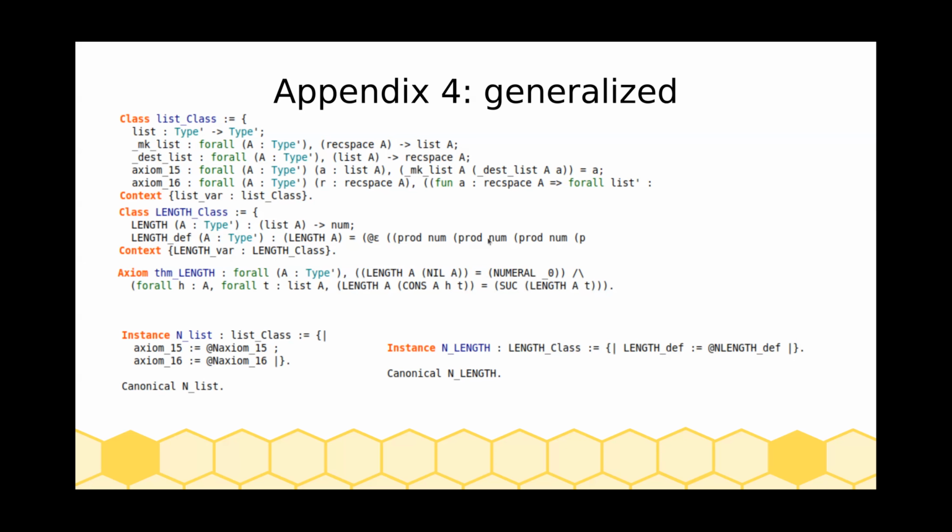And then the theorems are going to be general on these by simply using the section mechanism in Rocq, which means that afterwards we can do the alignments by just creating instances of these classes and applying the theorem like we would normally do.